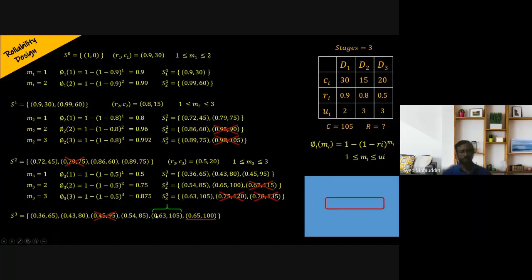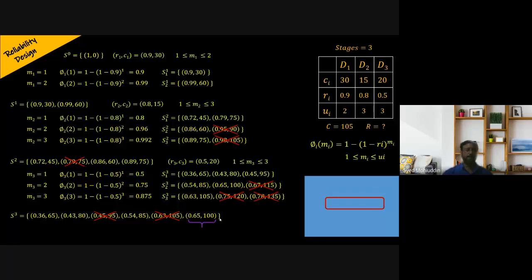Here we have one more problem. We have 0.63 as the reliability, 0.65 the reliability for the next tuple, which is increasing, but we have 105 and we have cost as 100, which is decreasing. So the preceding tuple is going to get eliminated.